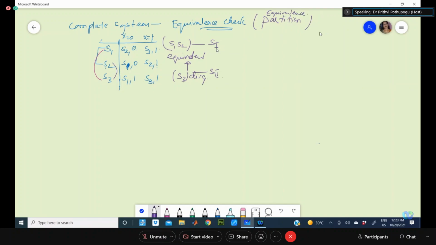Okay, so let me take an example. Say there is a machine with X is 0, X is 1, and the states and outputs. How many states are there?